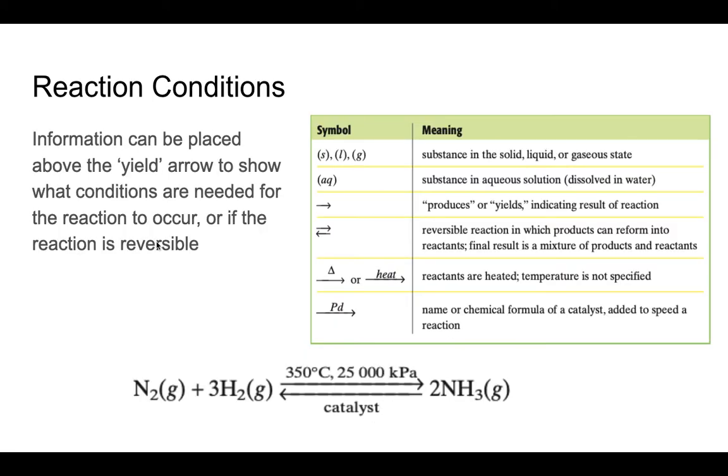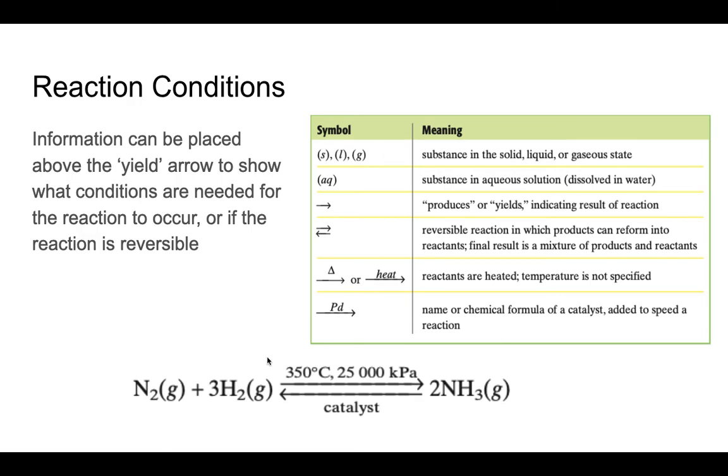And finally, we've got reaction conditions. So reaction conditions are information that can be placed above our yield arrow to show the conditions that are needed for our reaction to occur, or if our reaction is reversible. And we'll see we've got the normal arrow just means yields, but there's other information that we can put in there to show what we need.